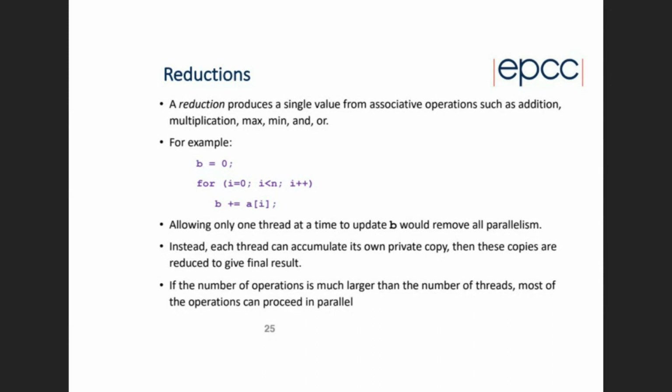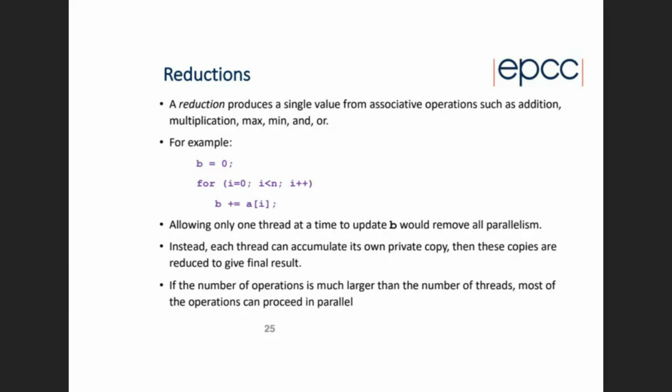So the way we would like to solve this is by giving every thread its own private copy of b. Each thread can compute a partial sum, a sum of the subset of the array elements that it handles, and then have those values added together at the end to form the correct final result.